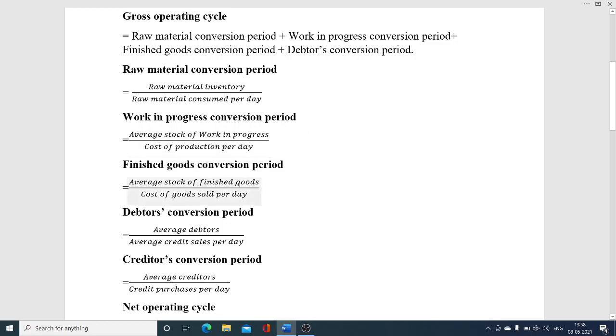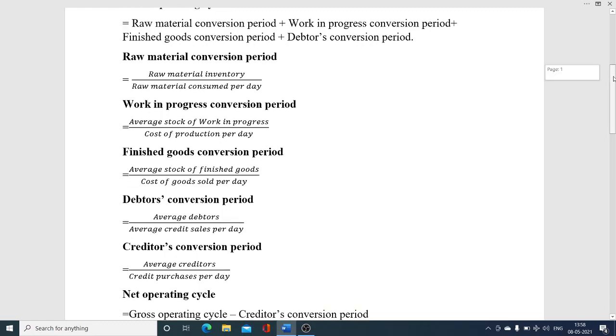Finished goods conversion period is equal to average stock of finished goods divided by the cost of goods sold per day. The debtors conversion period is equal to average debtors divided by the average credit sales per day. The sum of all these items will give us the gross operating cycle.